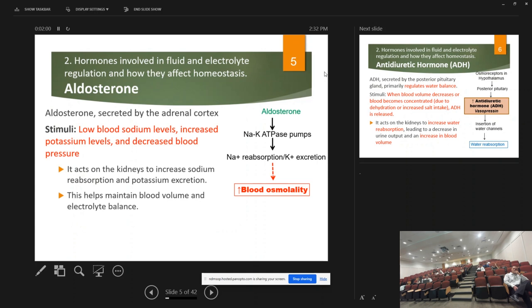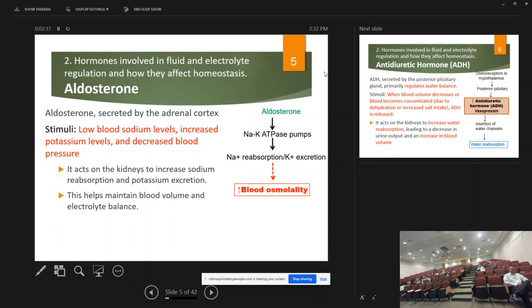When we talk about aldosterone, what stimulates this hormone in the kidney specifically is when there is low blood sodium, or increased potassium level, or decreased blood pressure. All these are stimuli that tell the kidney to release aldosterone. Where is aldosterone released from? What structure?